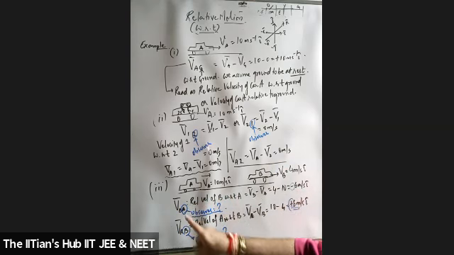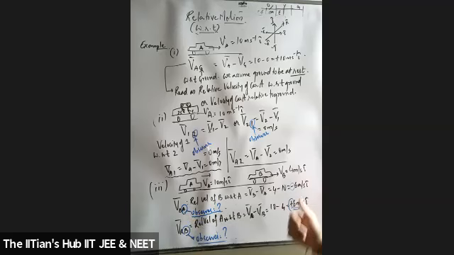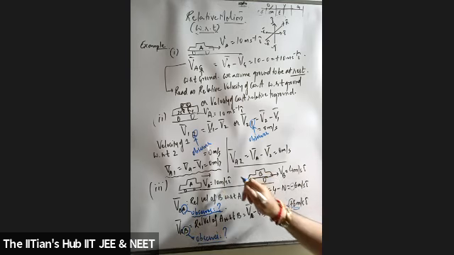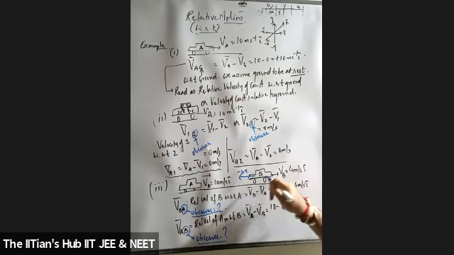Then I asked you who's the observer. Then one can say A is the observer. So now the observer in car A will say that car B, is it approaching towards or going away? Negative sign says what? What does the negative sign mean?